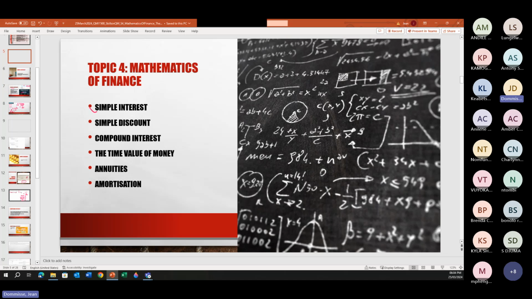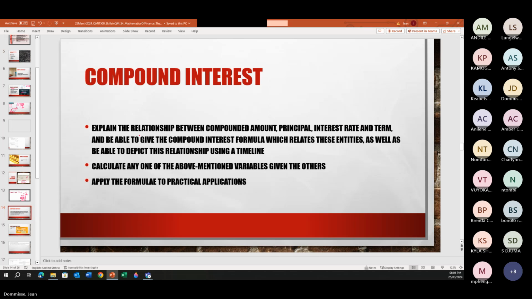Okay, so when we started off, simple interest and simple discount are done. Now we go into compound interest. The only difference between compound interest and simple interest is that compound interest means you get interest on interest.